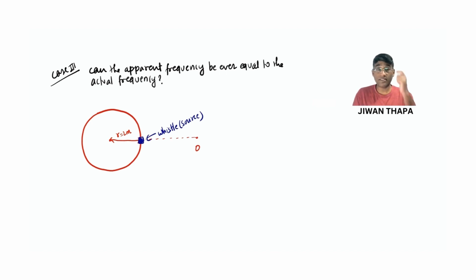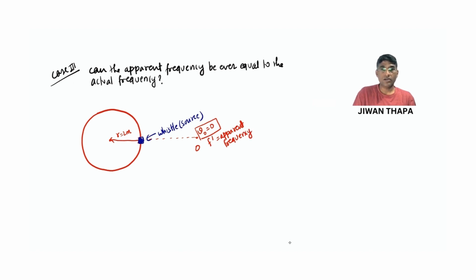As mentioned in the question, it is at rest. So V naught equals 0. And the apparent frequency heard by the listener or observer is F dash. This is the apparent frequency.